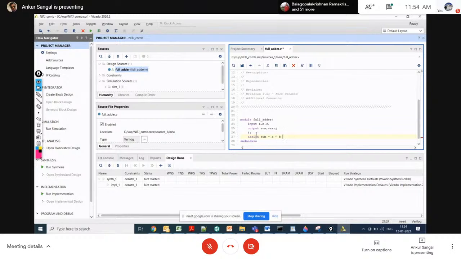This is the symbol of XOR in the Verilog language. Okay, so you can save this.